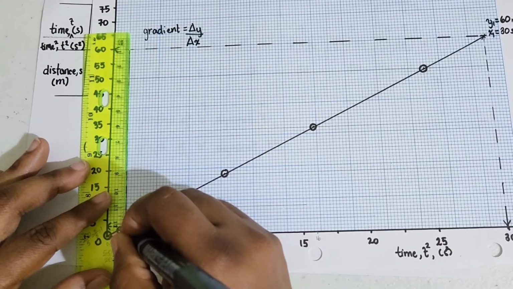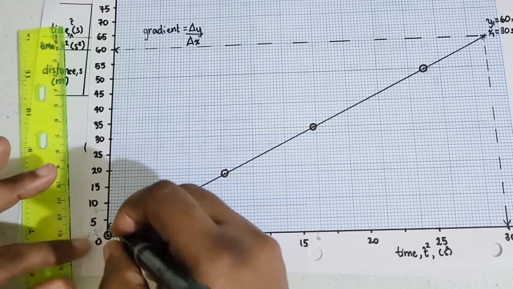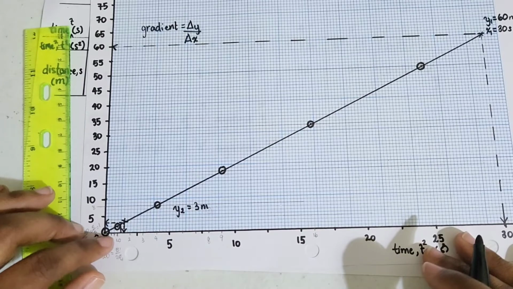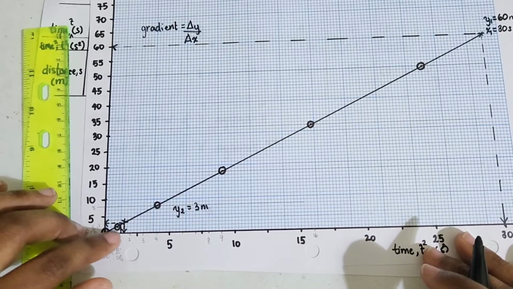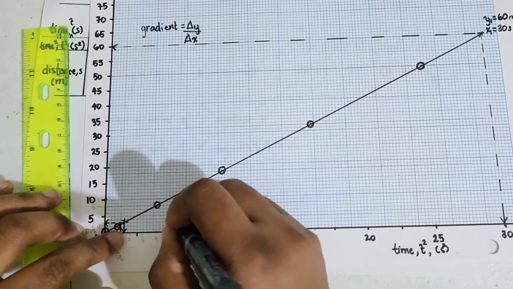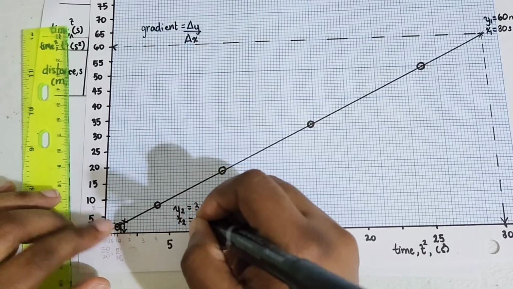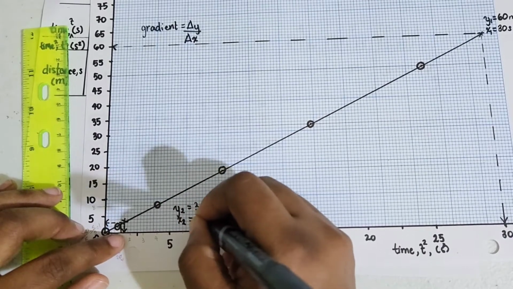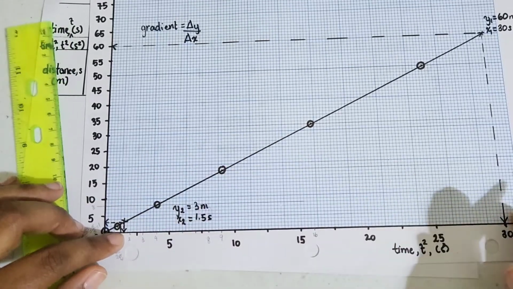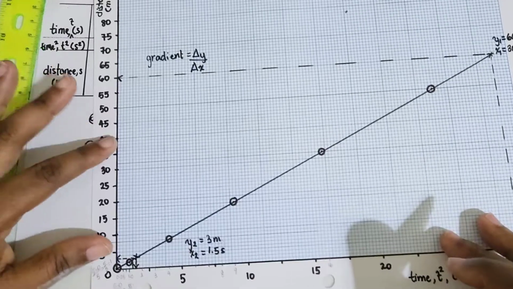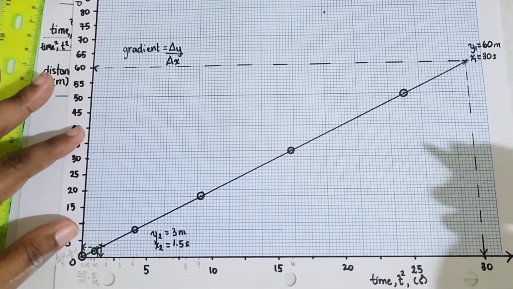Yeah, I put my point. So I hit there. This is 1, this is 1.25, this is 1.5. So that's my x2, which is 1.5 seconds.